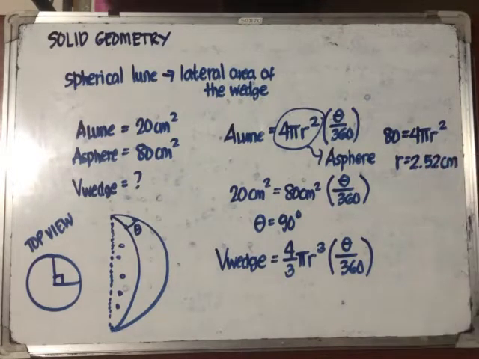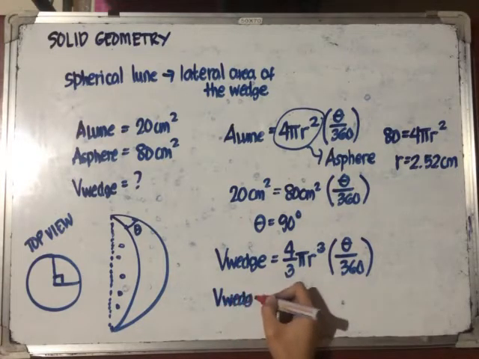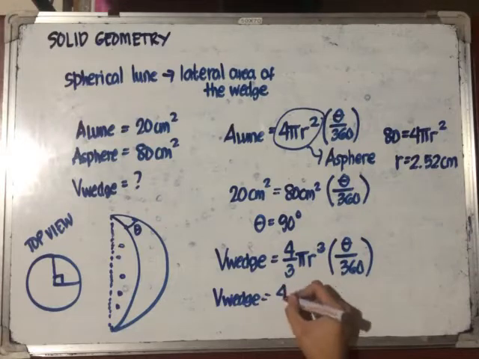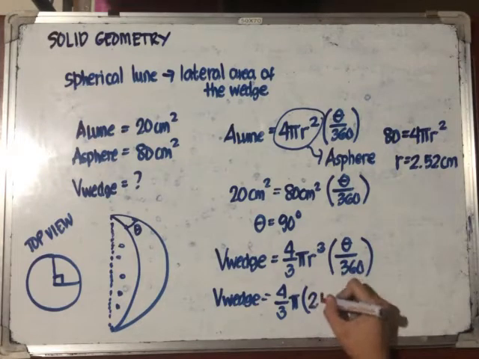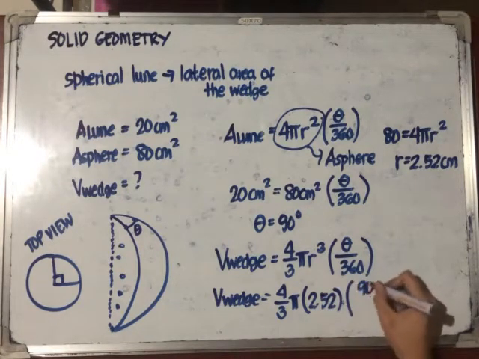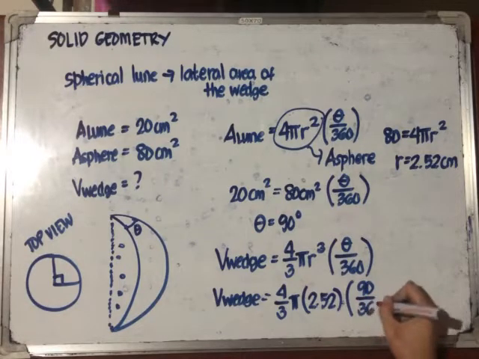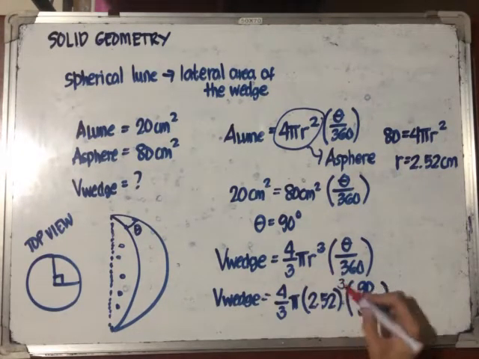2.52 centimeters. Okay? Substitute natin dito lahat ngayon so that we could finish up this problem and get the volume. Pi r is 2.52. Theta is 90 divided by the whole circle angle 360. Sorry, I forgot, cube.